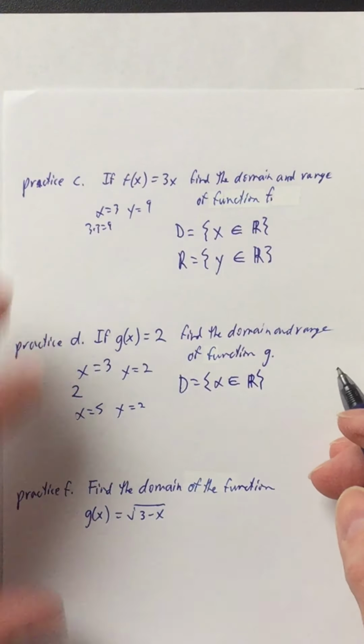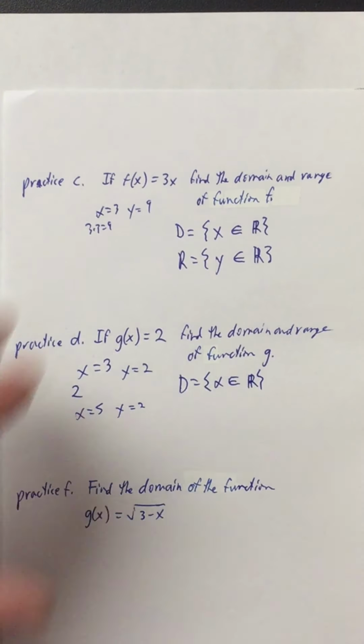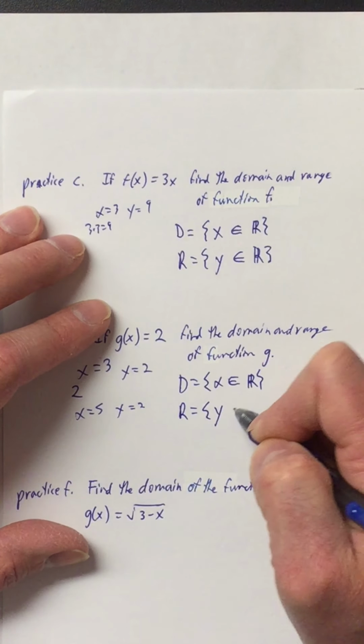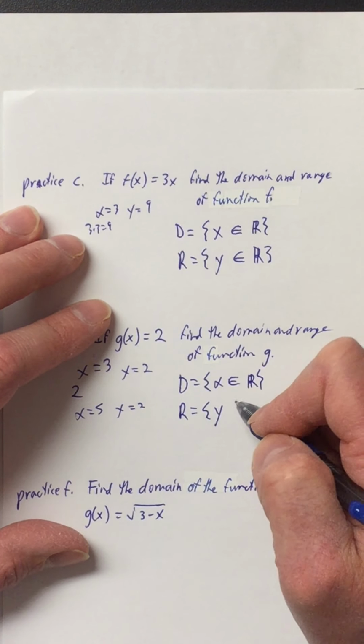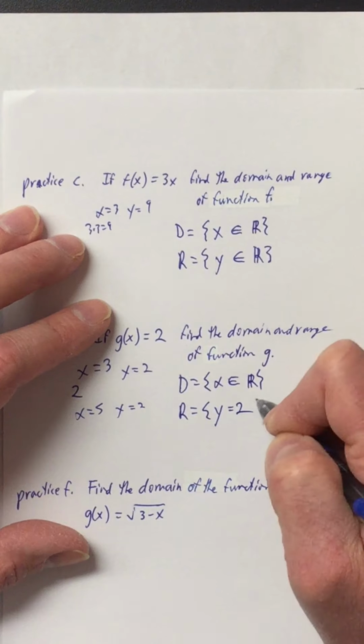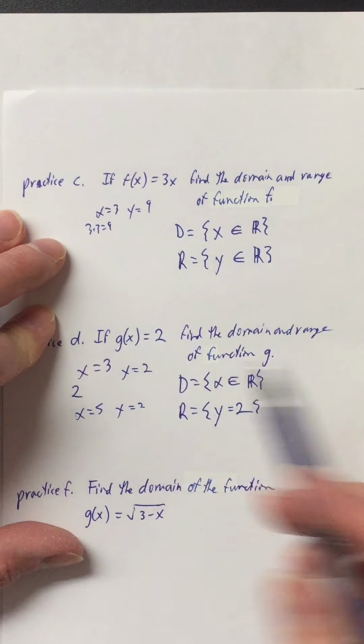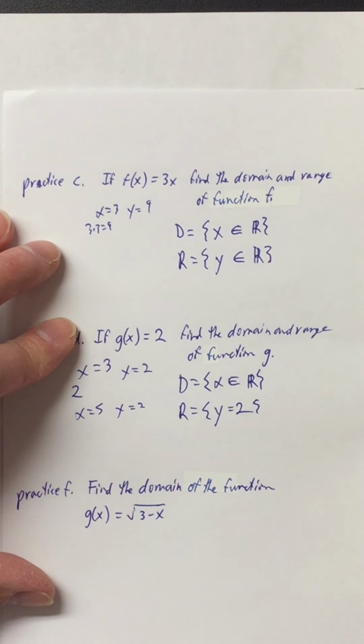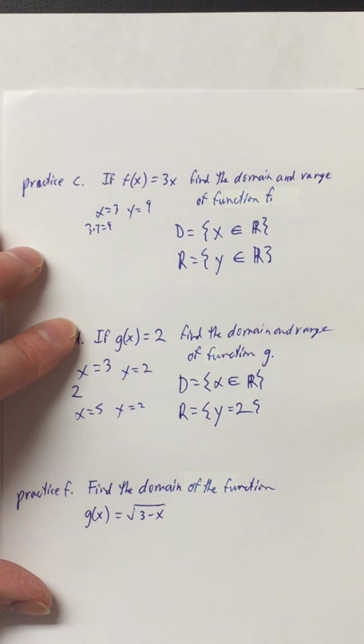There's nothing that confines that. All of them work. However, the range, y, is equal to 2. There's no other number for this particular equation that works. Every time you put any input for x, the answer is always the y value of 2.